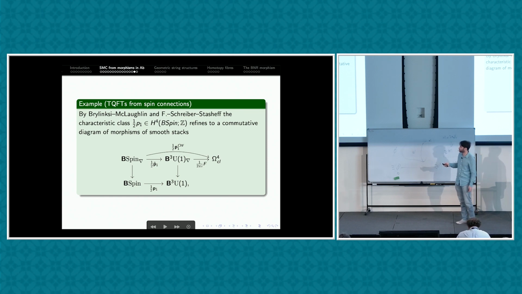And this is due to Brylinski and McLaughlin at the level of cocycles. They provide this map, and then with Urs and Jim Stasheff, we gave an interpretation in terms of stacks. And also, Brylinski and McLaughlin show that all this leads to the case of connections. What will be relevant to us is that if I start from here, I take the curvature, this will be a closed form, and this closed form is nothing but a Chern-Weil representative for one half p1.